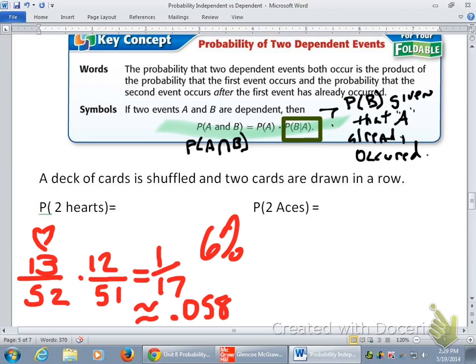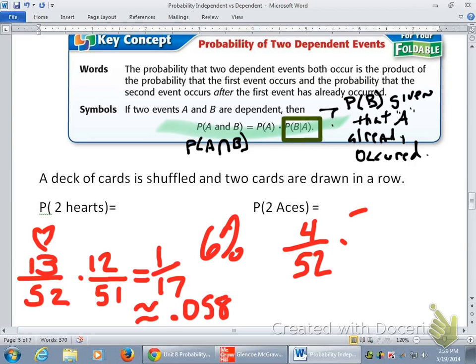All right, now let's look at the aces. Is this an independent or dependent situation? Dependent. It's dependent because as soon as you choose one card, if you don't put it back, you have changed the sample space. So what is the probability of getting that first ace? There are 4 aces in the whole deck, so 4 out of 52 are aces, right? Now, after you chose that first ace, how many are left?